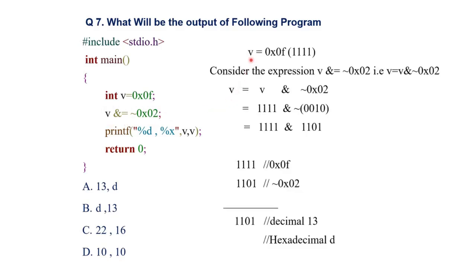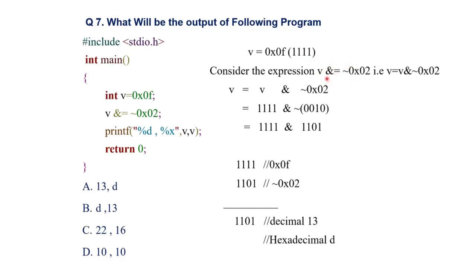See here, v is equal to 0x0f, the hexadecimal constant, and the binary representation of this hexadecimal constant is 1111. Now we will solve this expression, v &= ~0x02.